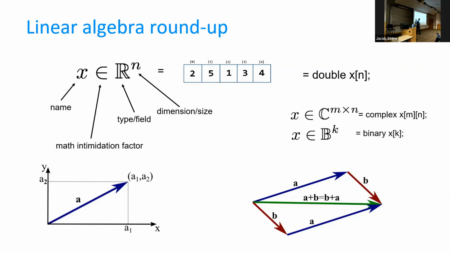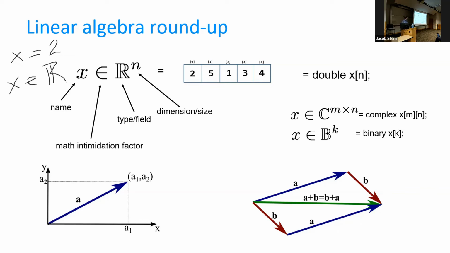And we would say that that vector exists in a different space from x. So if x is a scalar, we would say that x is a real number, or is a member of the set of all real numbers.